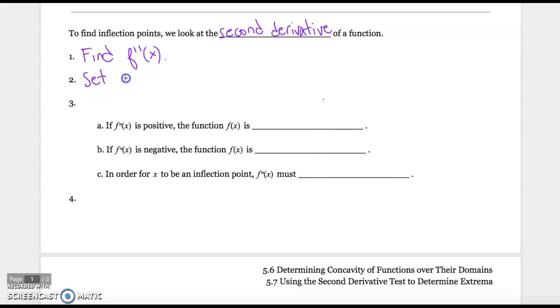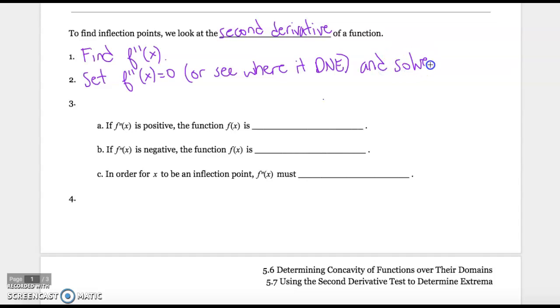Then you want to set it equal to 0, or you want to see where it does not exist, and solve for that x value or x values. Then you want to make a sign chart, and there are some conclusions we can come to.